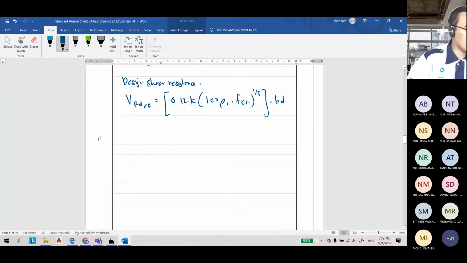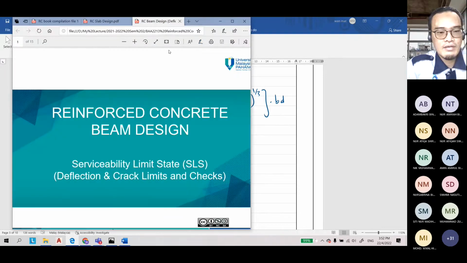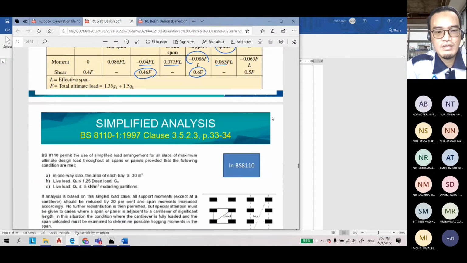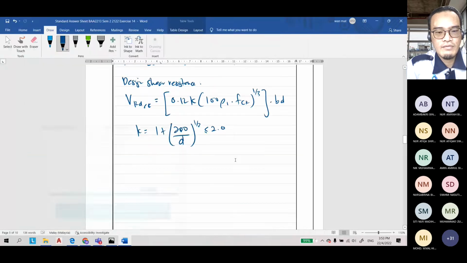What is the value of K? K is equal to 1 plus the square root of 200 divided by d, and it must be less than or equal to 2. You can refer to the notes on shear reinforcement, you can see this equation. That's your task, to refer back to the notes.